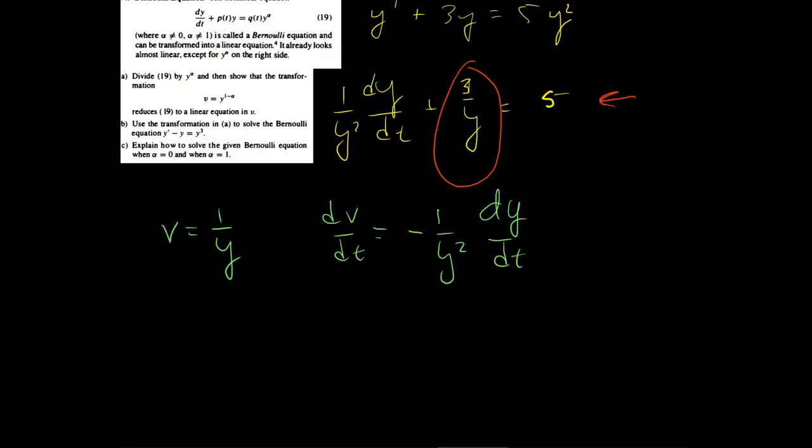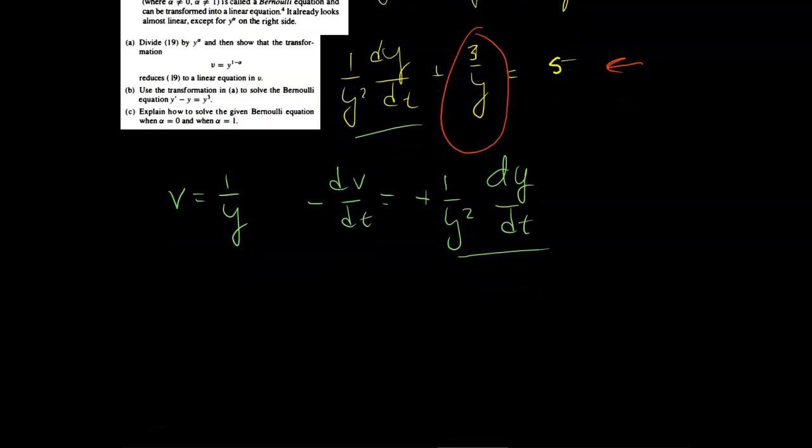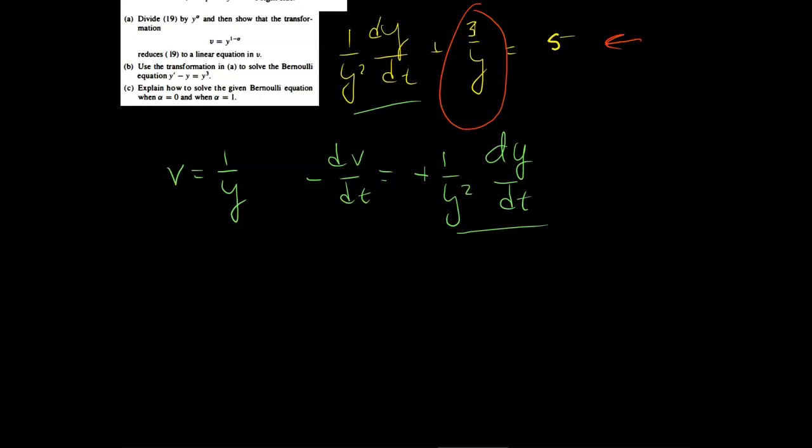So to get this part to match there, I'm going to multiply both sides by negative 1. This gives me this yellow equation, which can now be rewritten as negative dv/dt plus 3v is equal to 5. And now this is a linear problem, and we can solve that pretty straightforwardly.